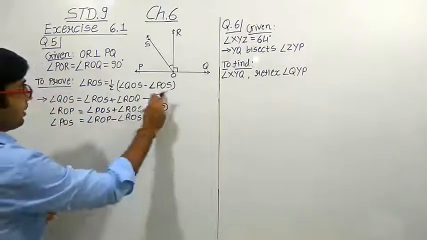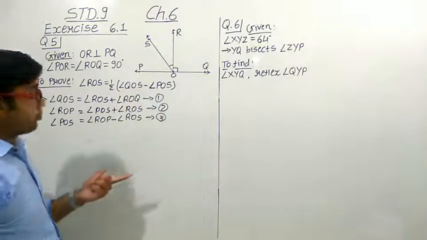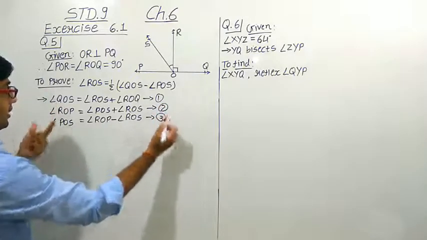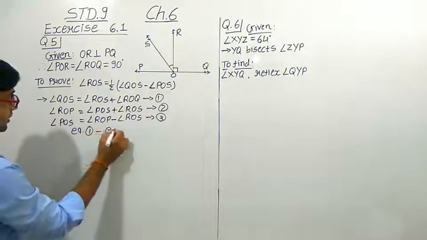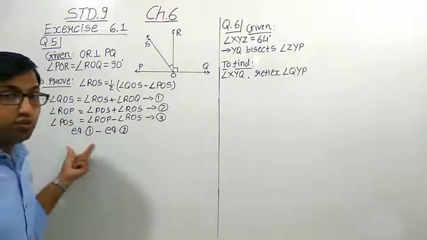Now see what we require here: we have to prove the subtraction of both these angles. So here we have to subtract equation number 1 and equation number 3. So equation number 1 minus equation number 3. So here we are subtracting the two equations.